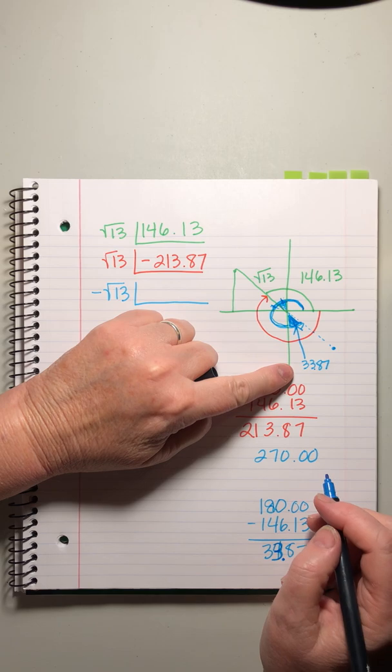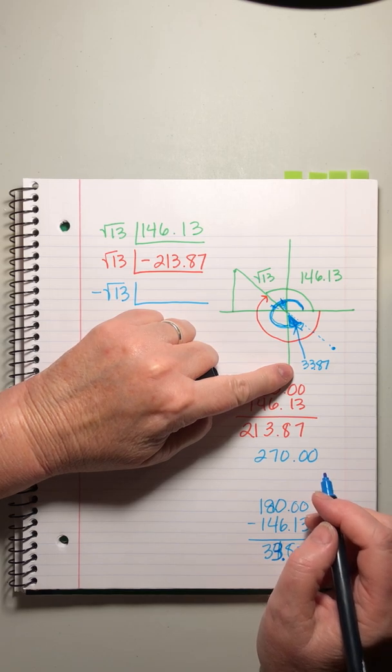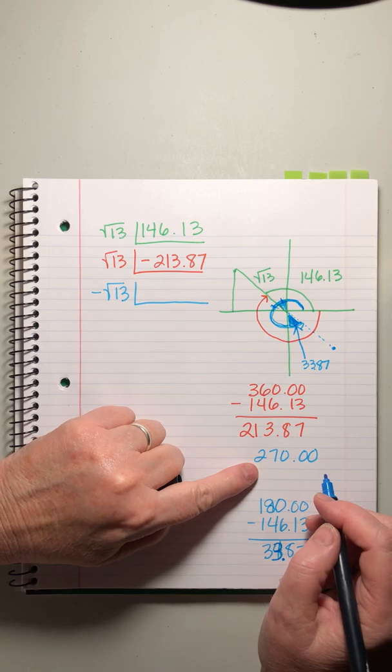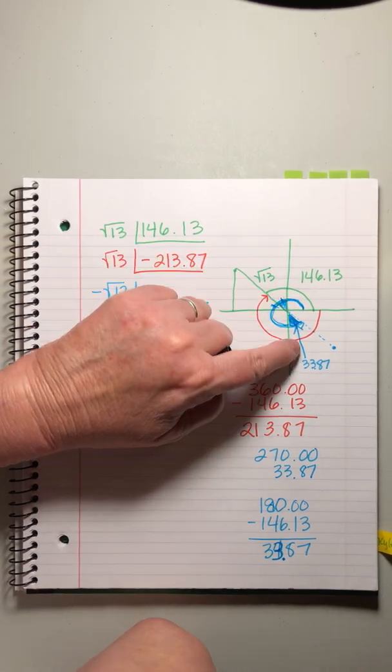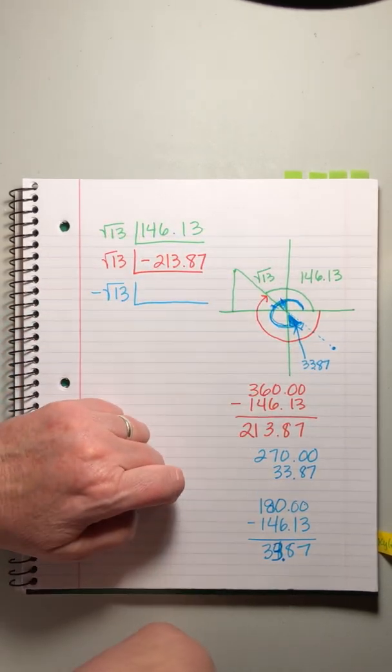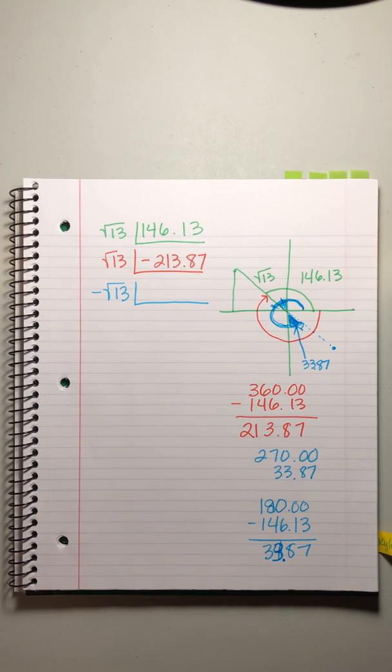So if I add that to this, that should give me the full direction of the blue. Except I'm off a little bit in my numbers. Let me see.